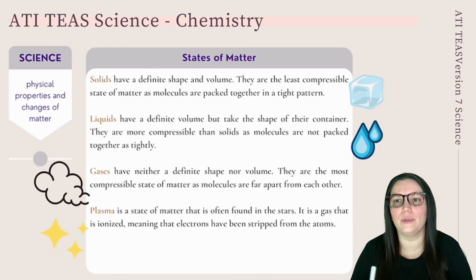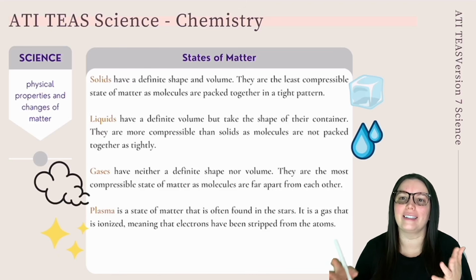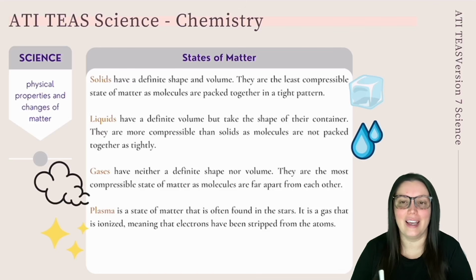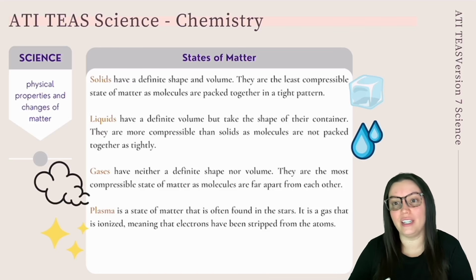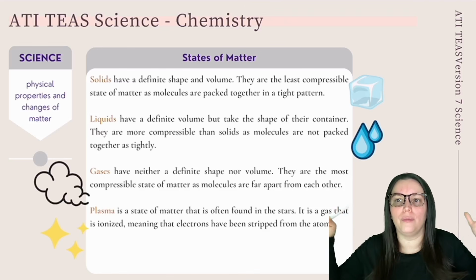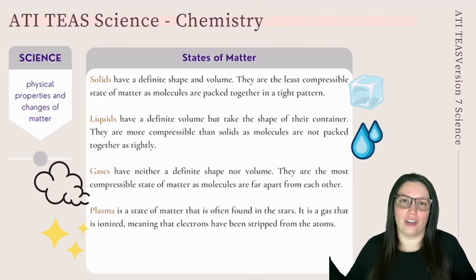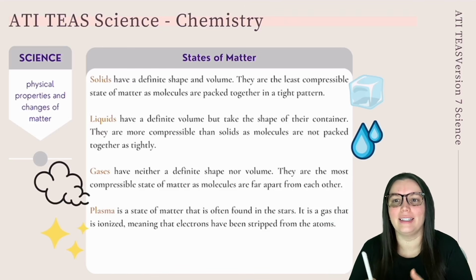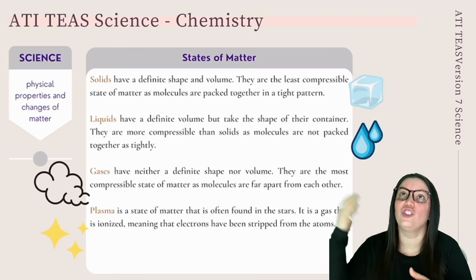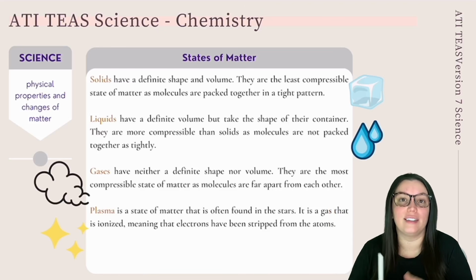They are more compressible than solids as molecules are not packed together as tightly. Gases have neither a definite shape nor a volume. They are the most compressible state of matter as molecules are farther apart from each other. And plasma is the state of matter that is often found in the stars. That is a gas that is ionized, meaning that electrons have been stripped from the atom.